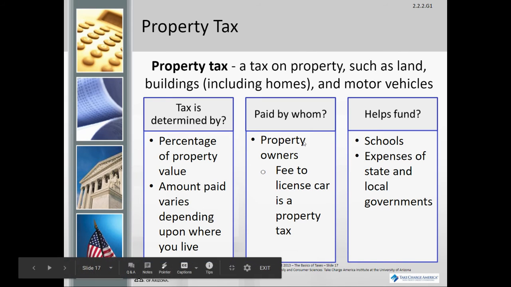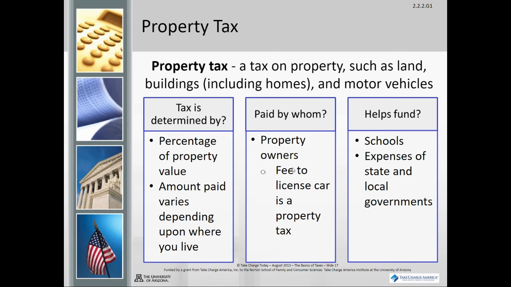Normally, you're going to pay those automobile taxes whenever you get your car licensed, and that's usually once every year or 2 years. But the property taxes for your home are generally paid at the end of the year. Some places split it up and have you pay twice a year, but that is determined by the value of your land or property or home.